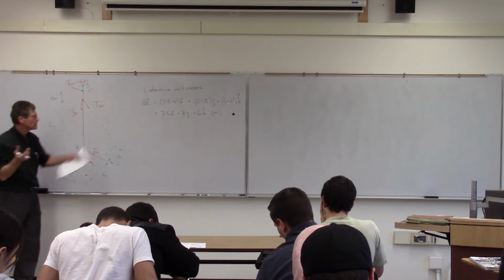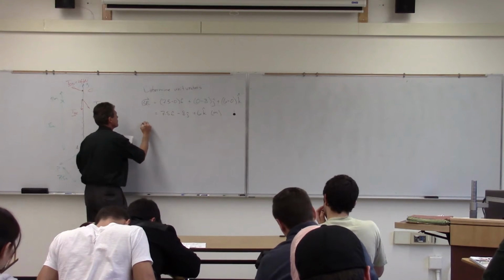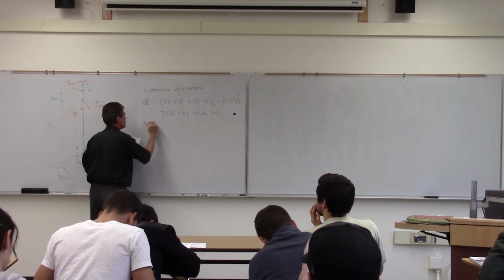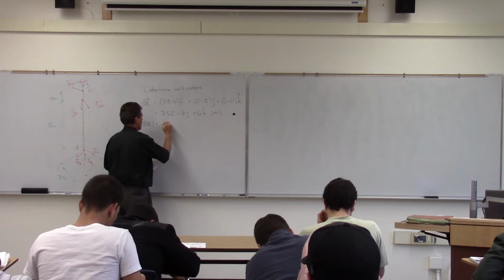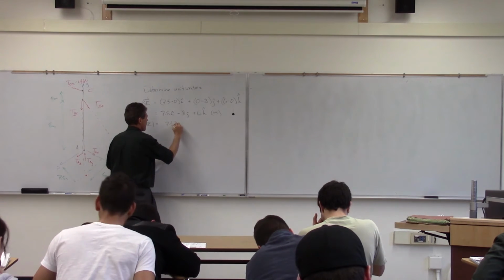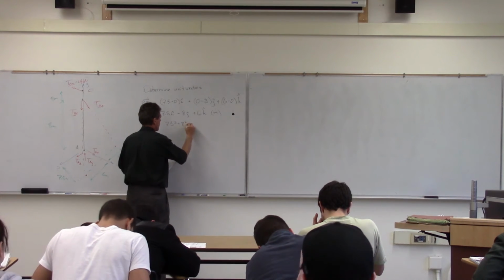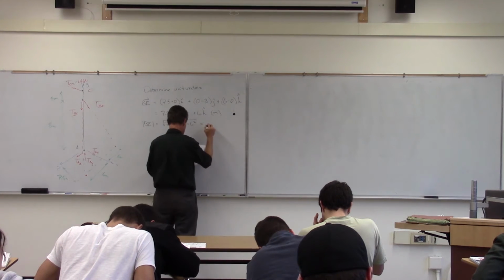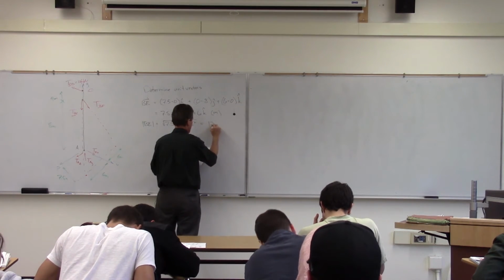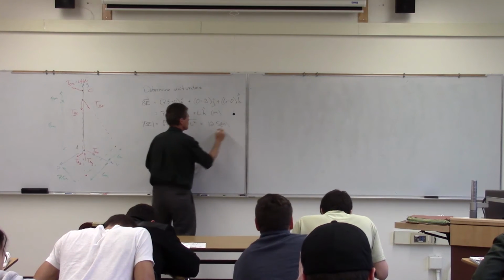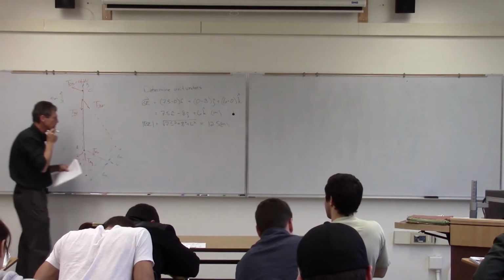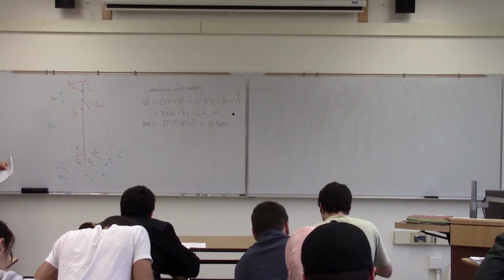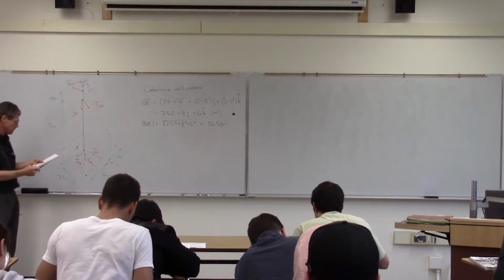Again, to go to unit vector, I'm going to have to do my Pythagorean theorem and get the length of that cable. I do like the author because he likes to come out with these really nice numbers. So the total length of that cable is 12.5.